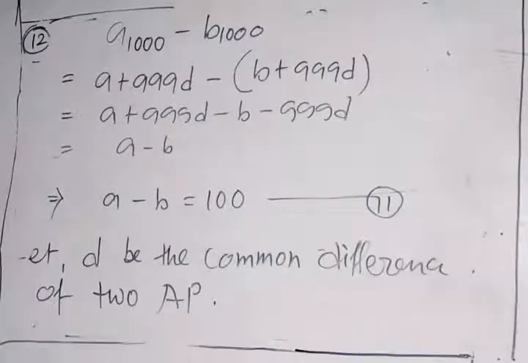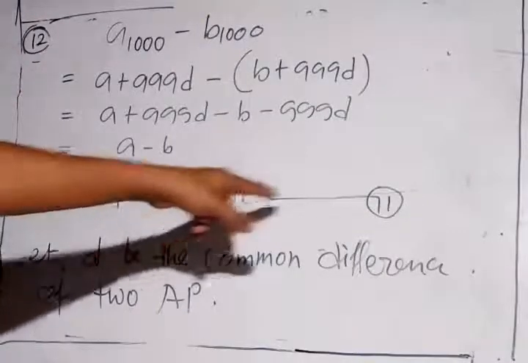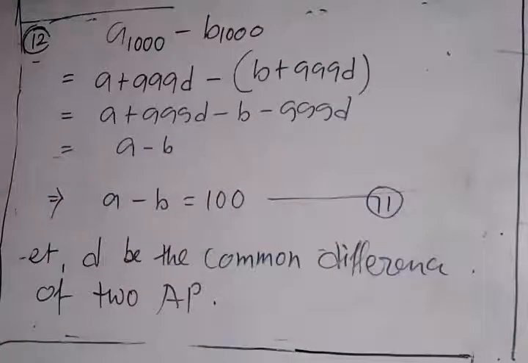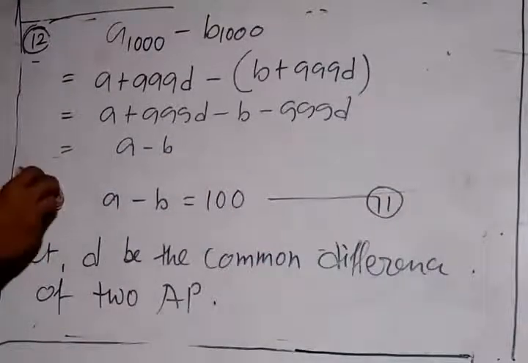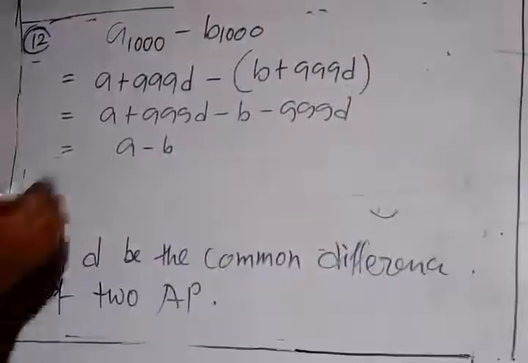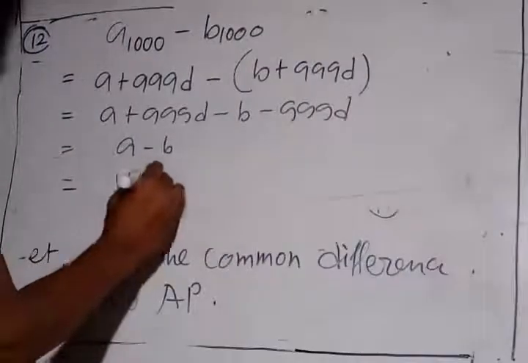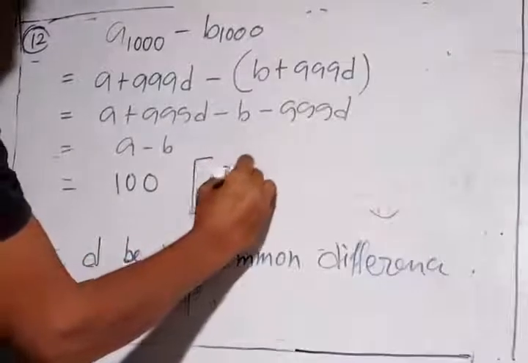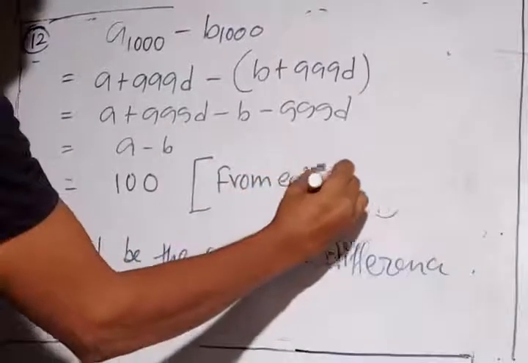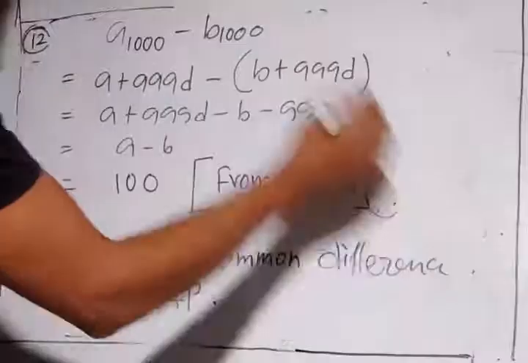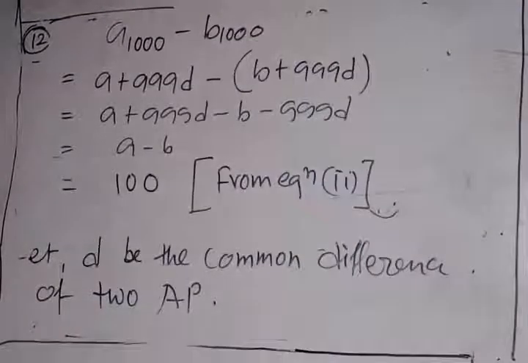And already you have got A minus B equal to 100 in equation number 2. So from equation 2, A minus B is 100.